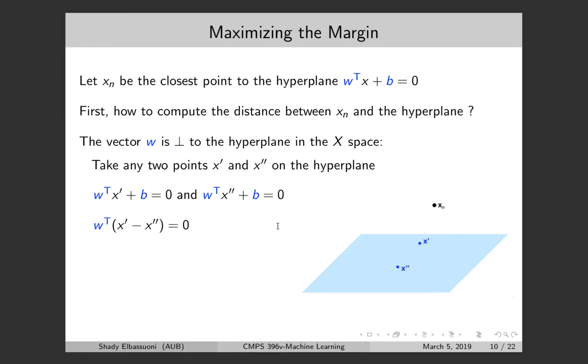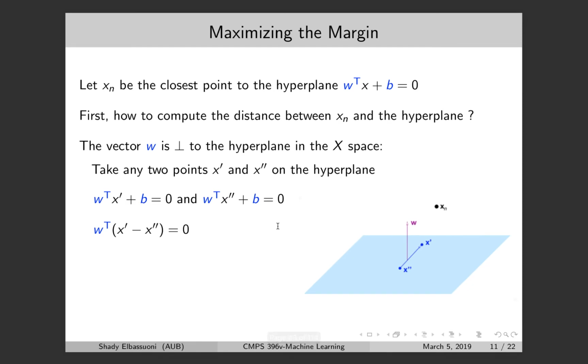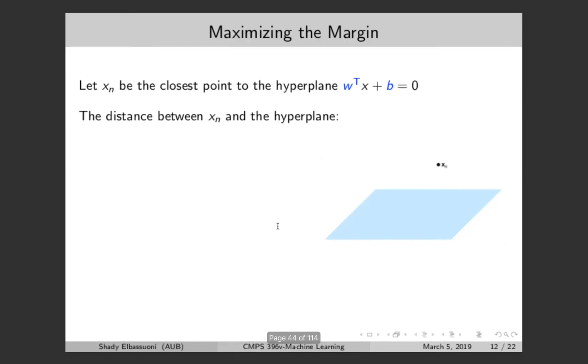We can subtract these two equations, and we get w transpose (x dash minus x double dash) is equal to 0. What does this mean? This is a dot product between the vector w and the vector x dash minus x double dash, and the dot product is equal to 0. That tells me that w is perpendicular to the vector x dash minus x double dash. So we established that w is perpendicular to the hyperplane.